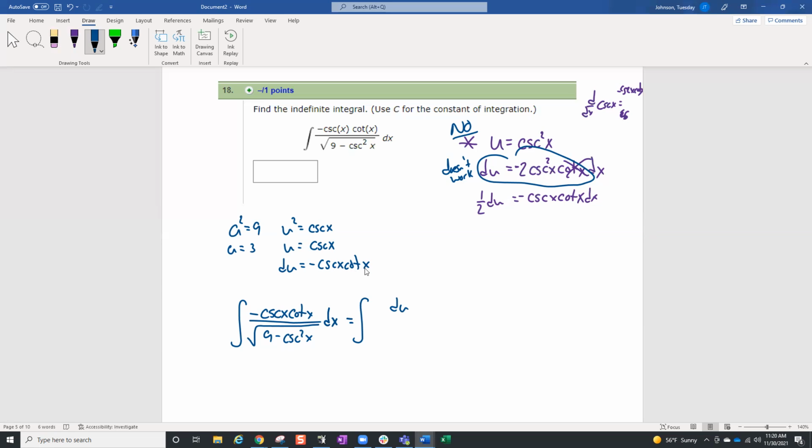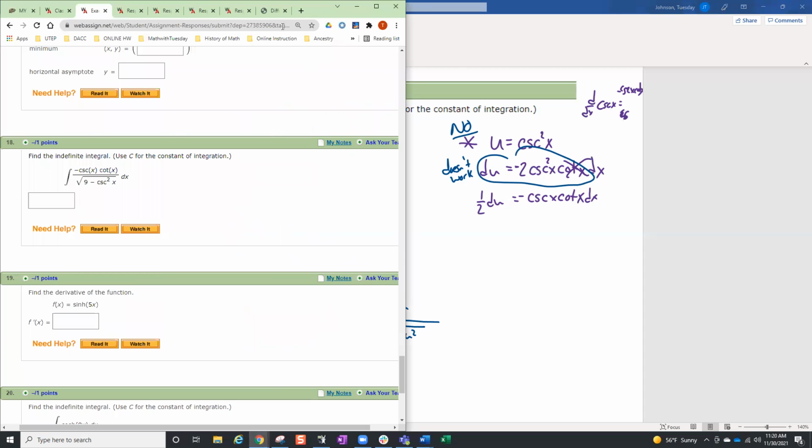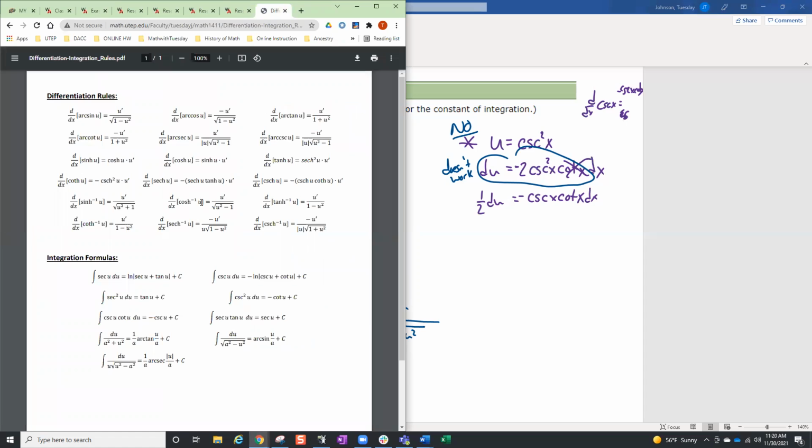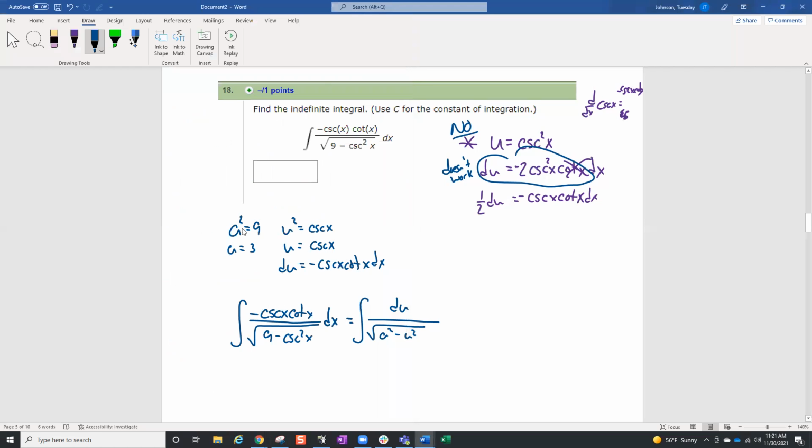Minus cosecant x cotangent x is our du. Square root of a squared minus u squared. And I ask myself, where have I seen that formula before? That's why I brought it back here. I was looking at antiderivative. Oh my goodness, seriously? Yeah.